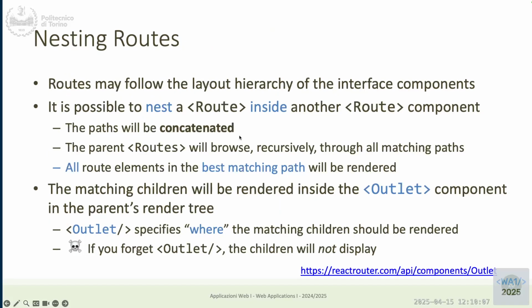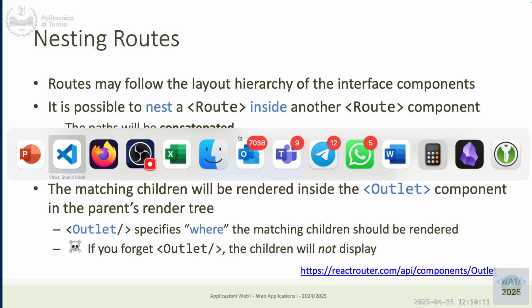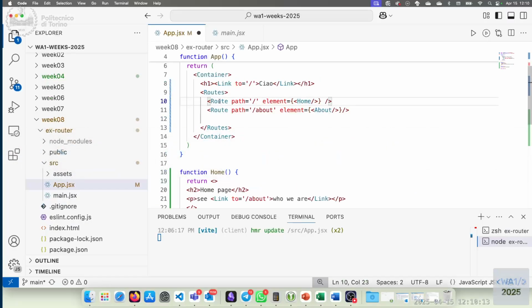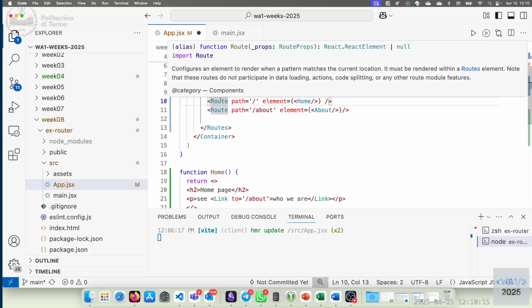Routes, as I said, can be nested, because we don't want to have just one. Imagine we have one big application with one route for every component. We cannot just have everything decided in the app component. So app can decide something, and then some child component can decide something more.